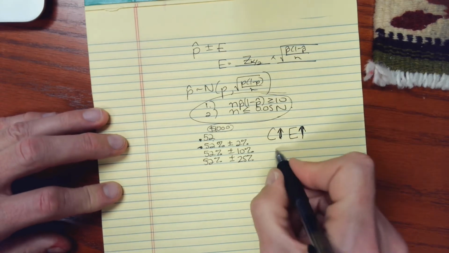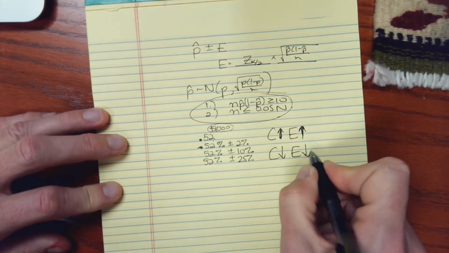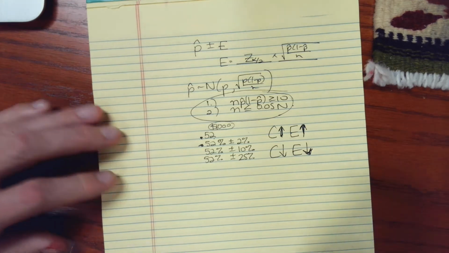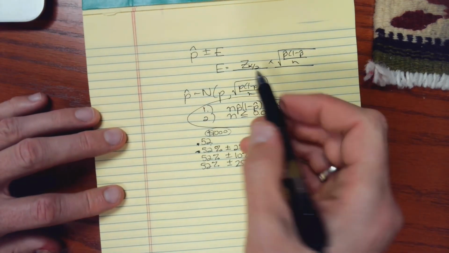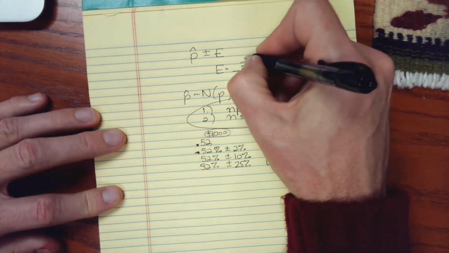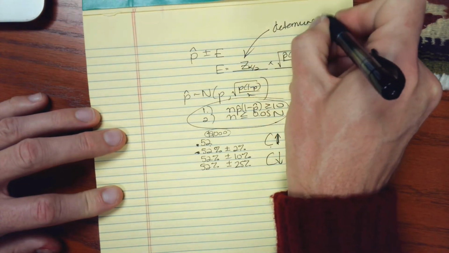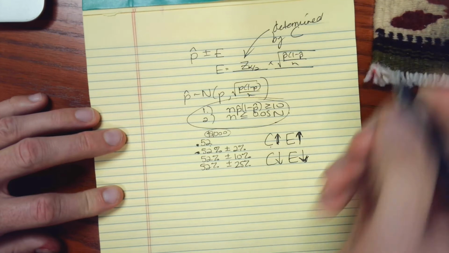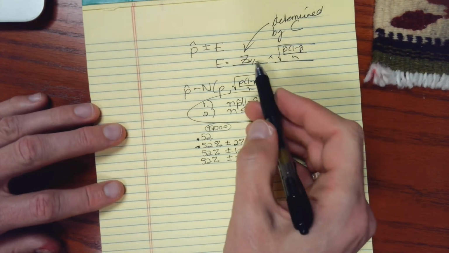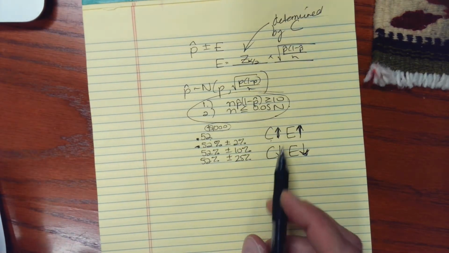Those things rise and fall together. And this has to do with the fact that the confidence level is determined by C. Okay, so that's one thing to keep in mind.